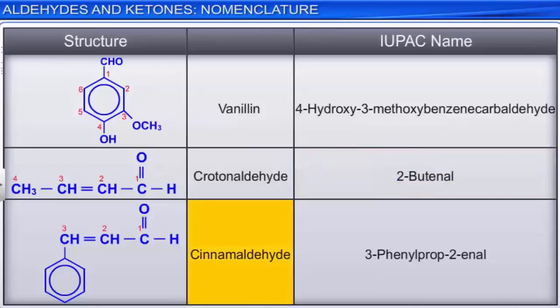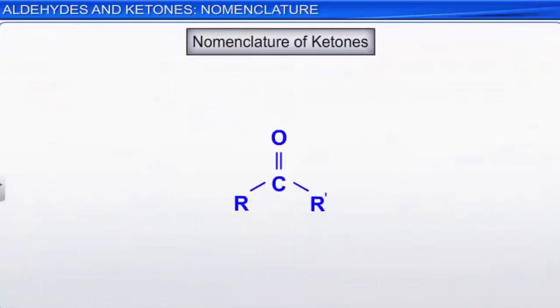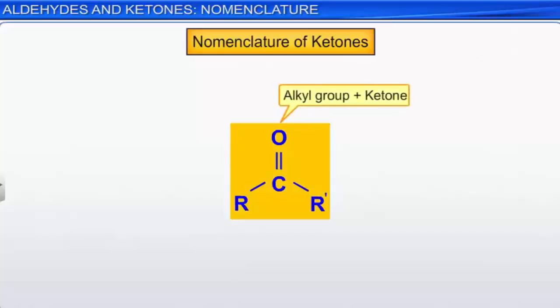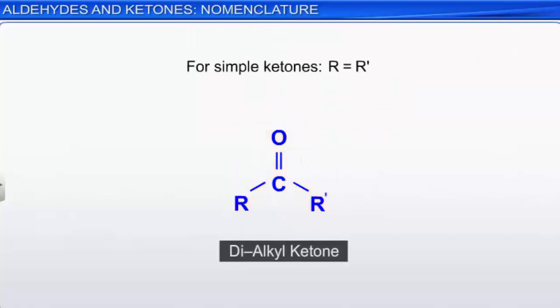Let us now turn our focus to the nomenclature of ketones. In the common system, ketones are named simply by adding the suffix ketone to the name of the two alkyl groups. In case of simple ketones, where both the alkyl groups are the same, the prefix di is used for the alkyl group.